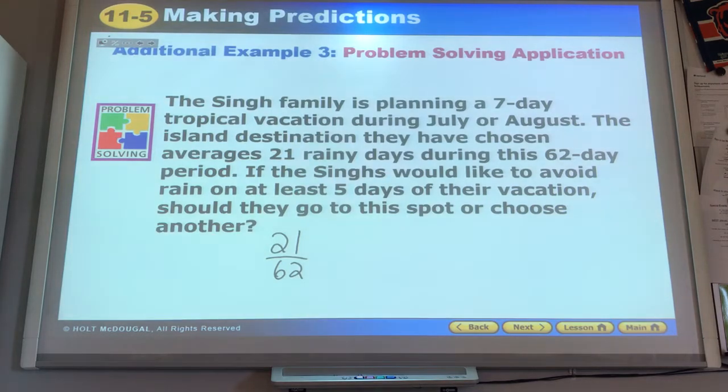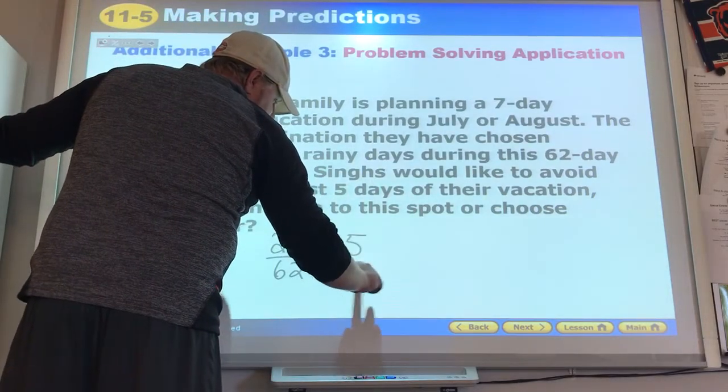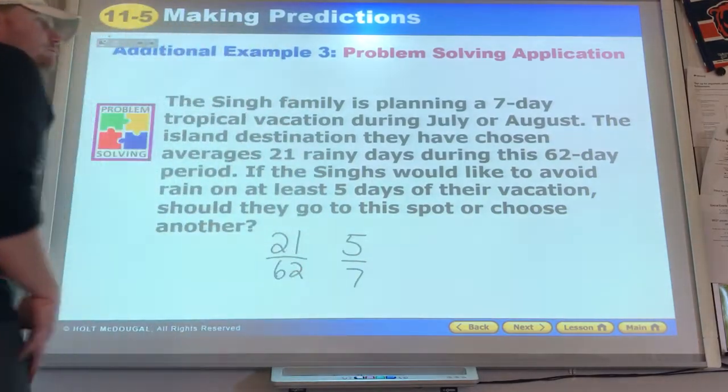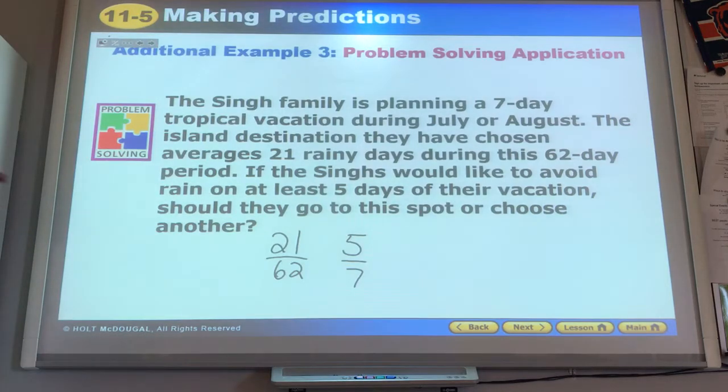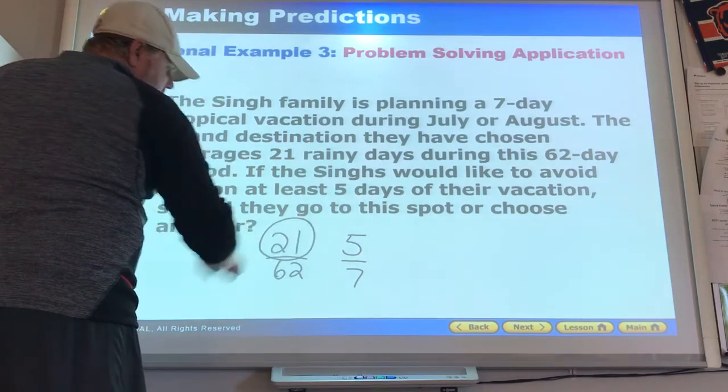They want to avoid rain on at least 5 of their vacation days. So 5 out of 7 days they would like no rain. So we have to think, no rain on 5 out of 7 days. This is the number of days it rains.